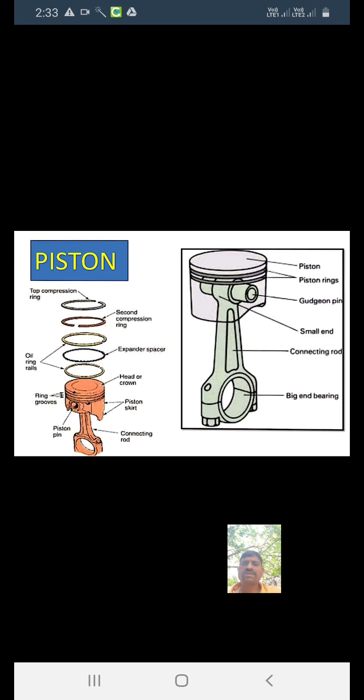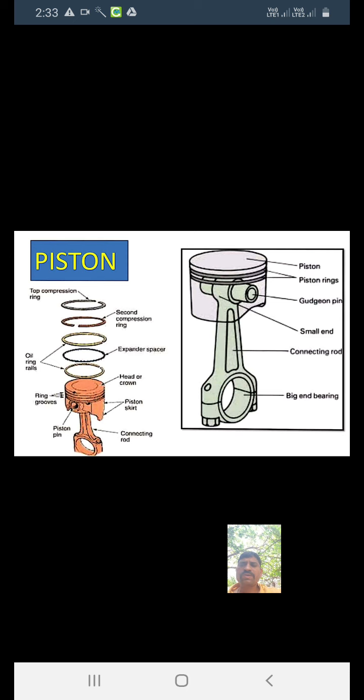First is the construction of the piston. Before going on to the construction, let us see the parts of the piston. In the figure, a trunk piston is given, which consists of different parts.